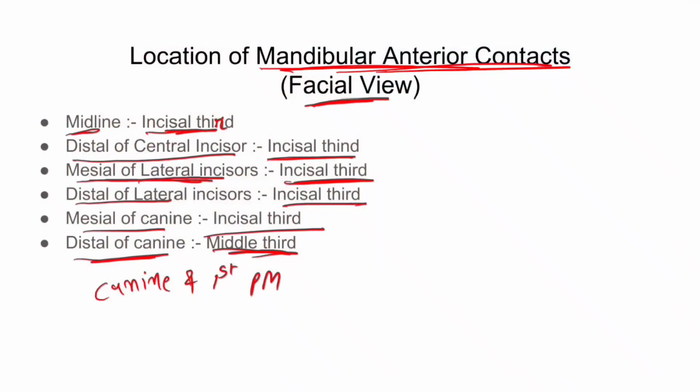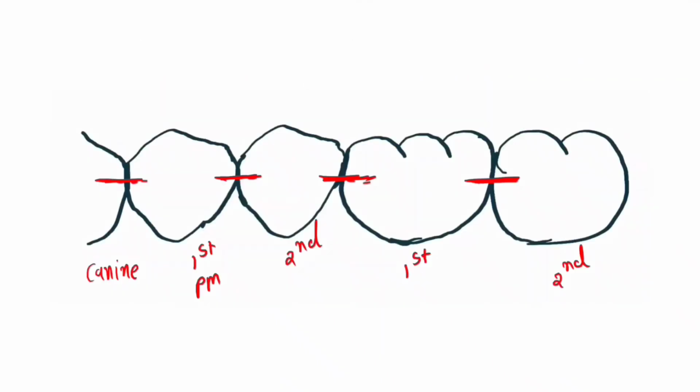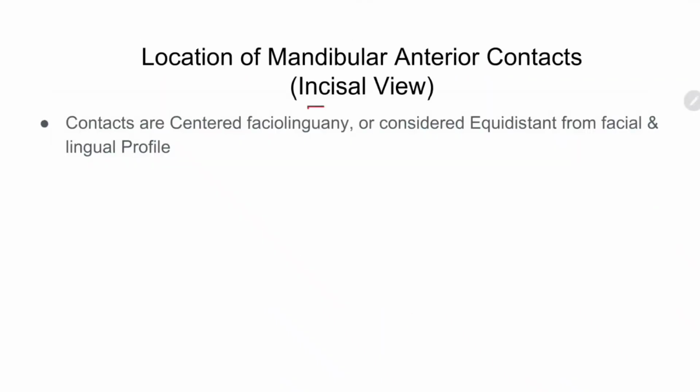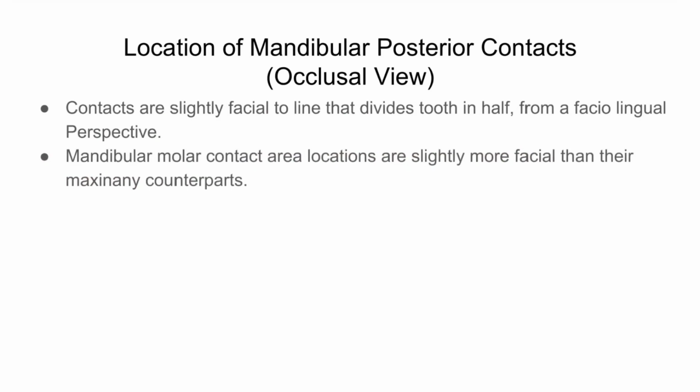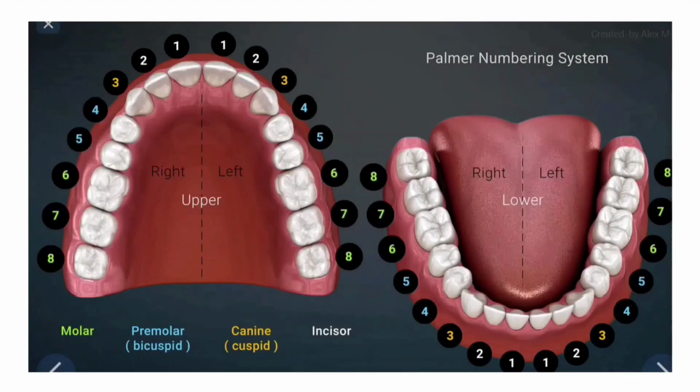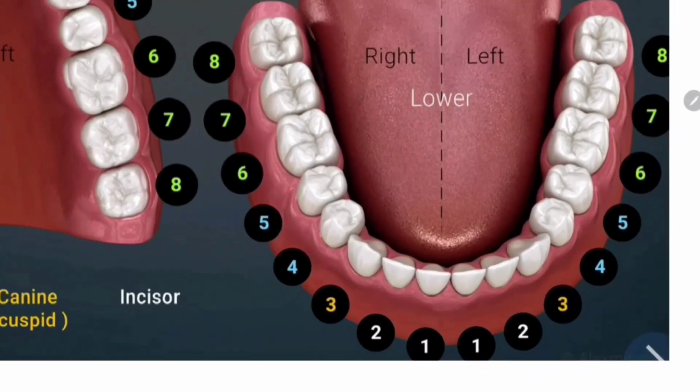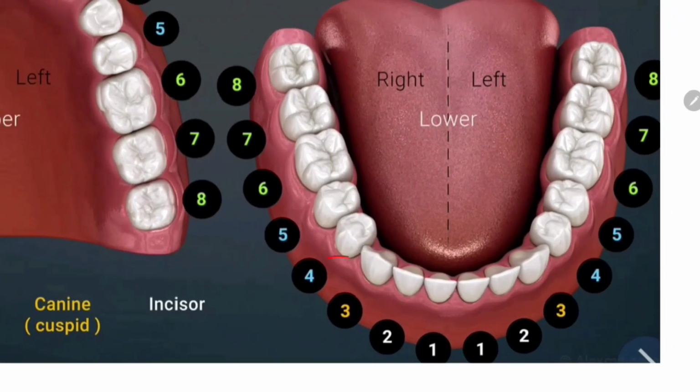Now we are going to see these mandibular anterior teeth from the incisal aspect. So these contact areas are centered faciolingually, or considered equidistant from the facial and lingual profile, same as for our maxillary anteriors, right? So in this image, this is our mandibular teeth. Up to the canine we have our anterior teeth, right?